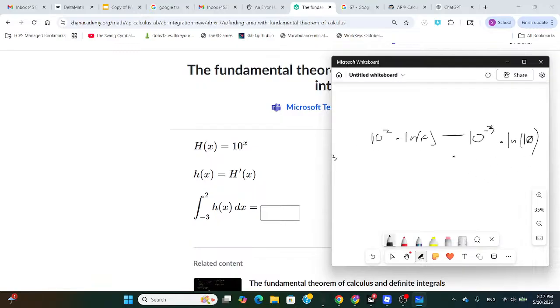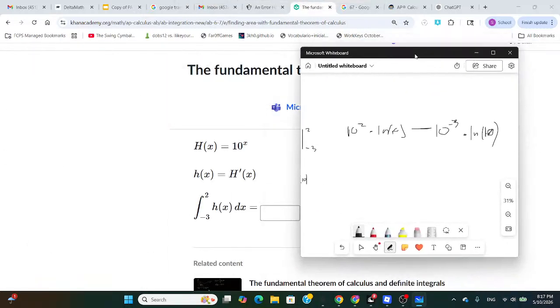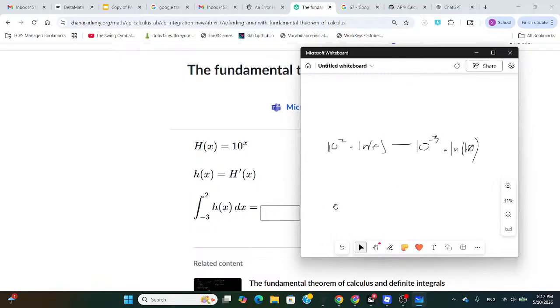Okay, now, how am I? Chat, is this right? Is that not how you do it? 10 squared minus ln 10.